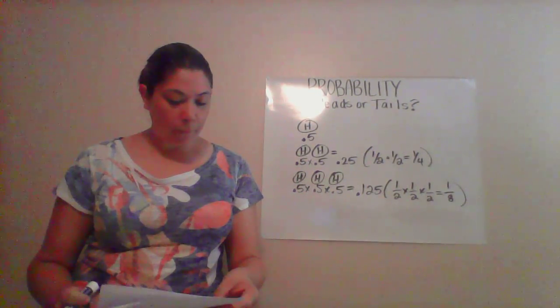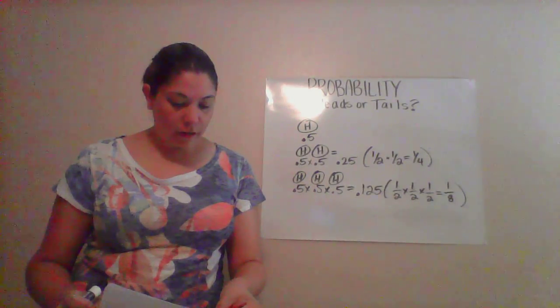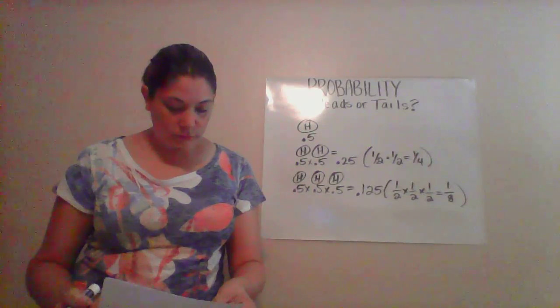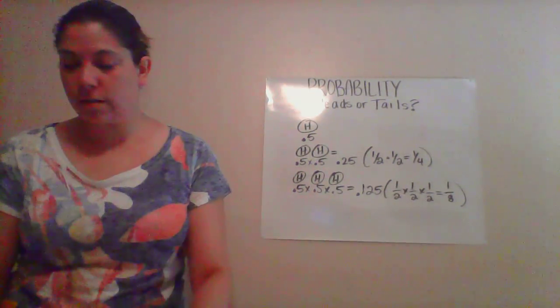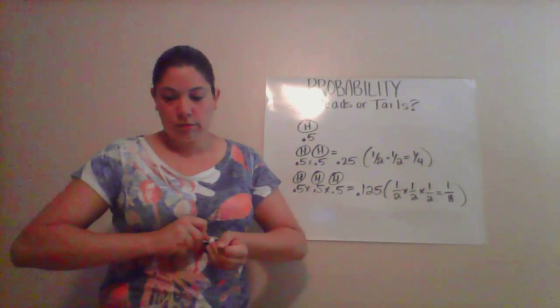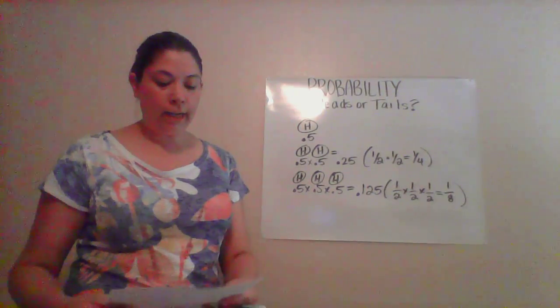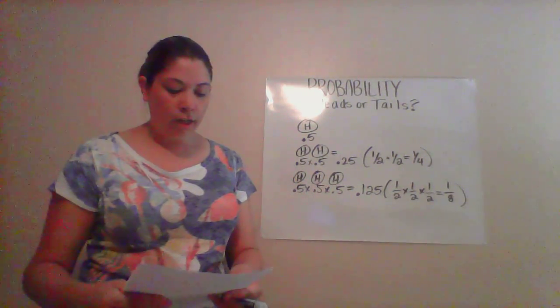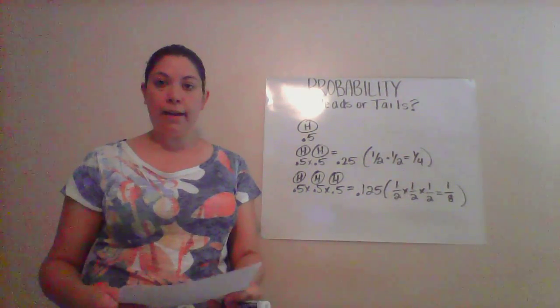So when we have heads and tails, that's on your worksheet. And then the next question would be what the probability is of flipping 1 head and 1 tail.